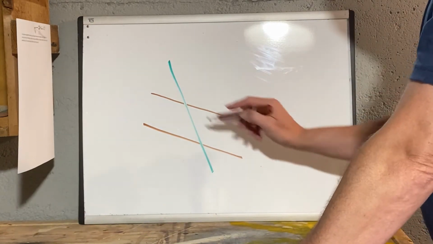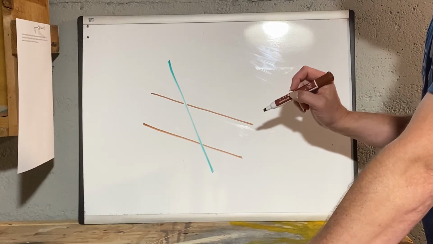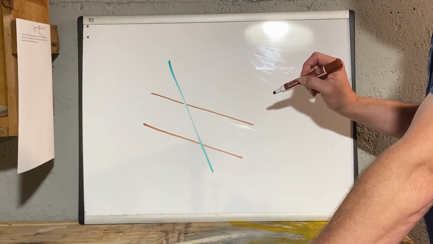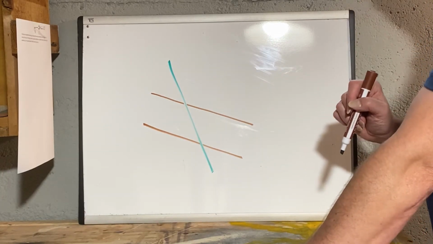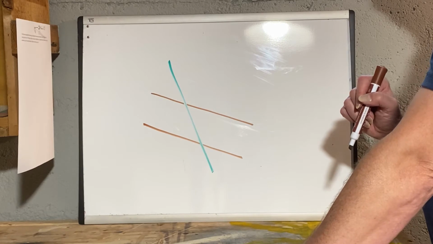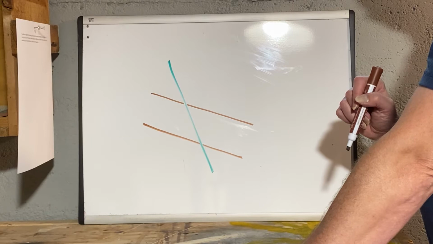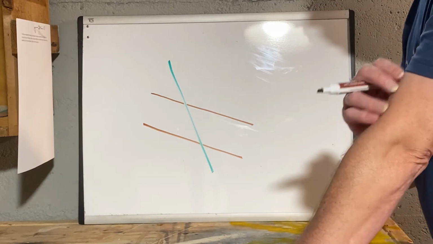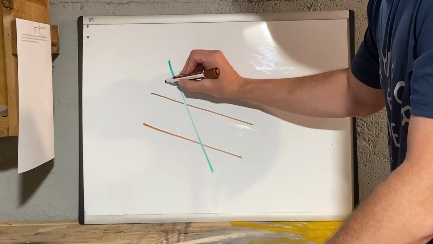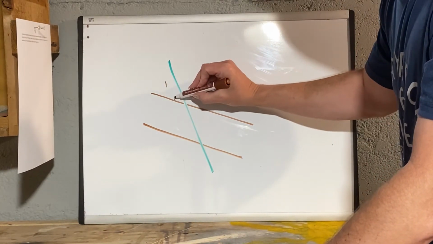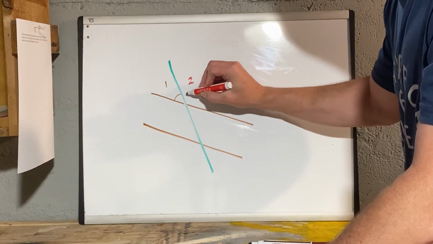When we draw two parallel lines and a transversal, we get a certain number of angles all the time. Take a moment and see if you can count all of the angles that are produced in my drawing here. All right, what number did you come up with? If you came up with the number 8, you were right. Here's an angle here. Here's an angle here.